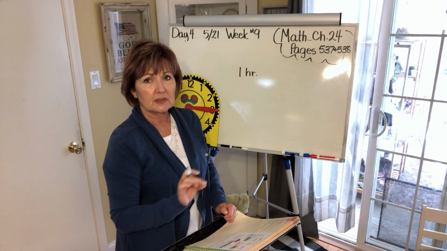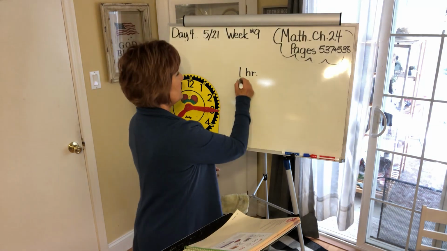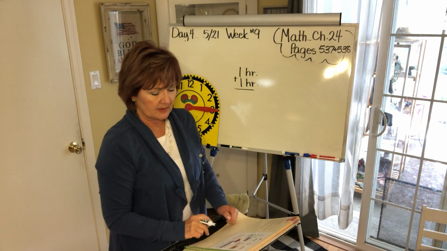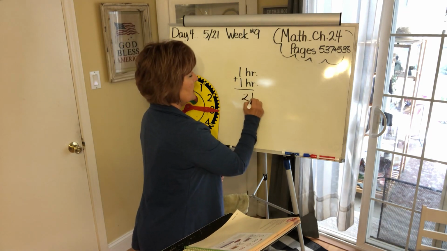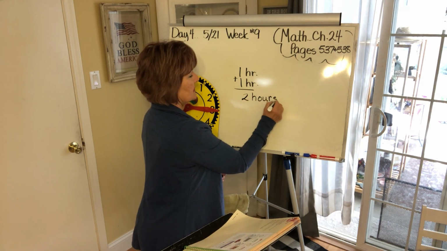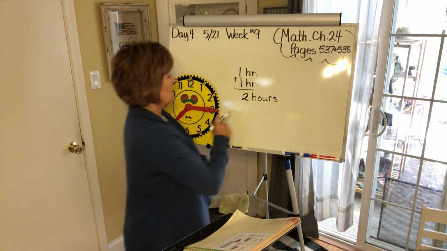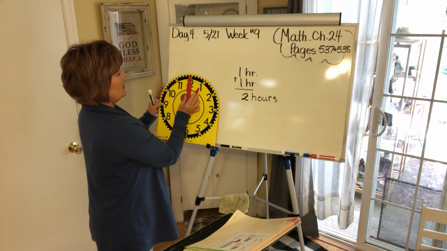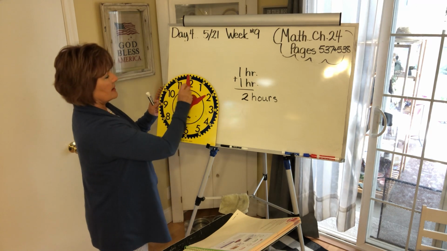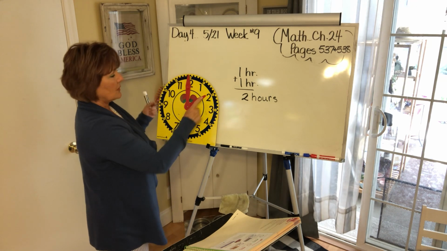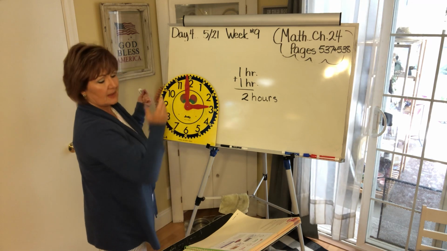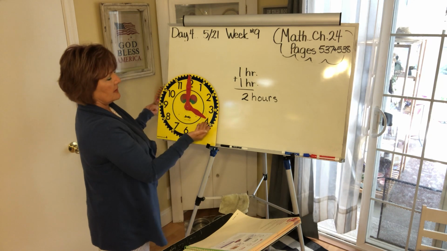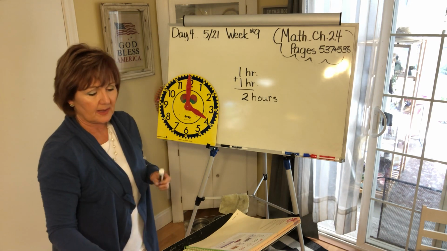From 2 to 3 is another hour. So what would be your answer? 2 hours, right? From 1 o'clock to 2 o'clock, that's only 1 trip around. From 2 o'clock to 3 o'clock, that's only 1 trip around. From 3 o'clock to 4, that's only 1 trip around, okay?